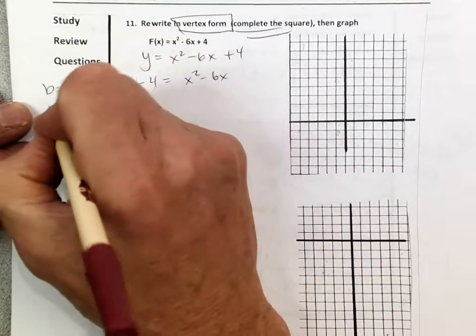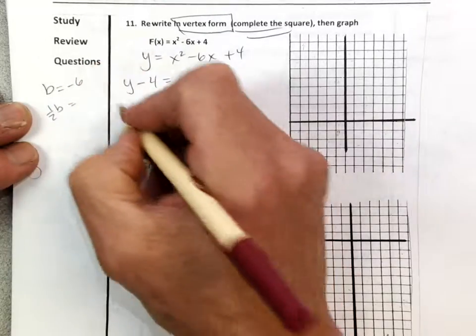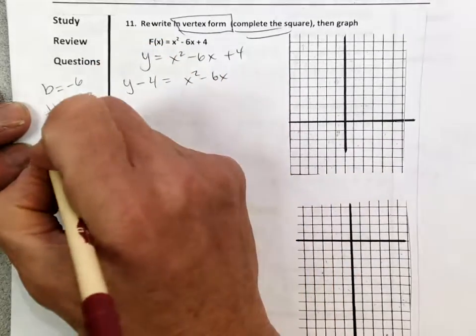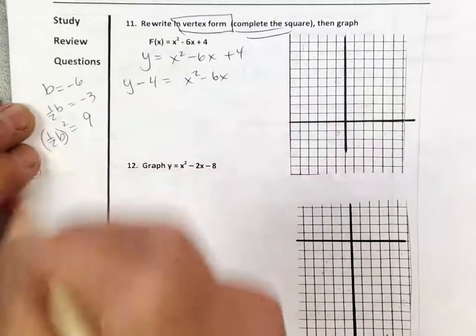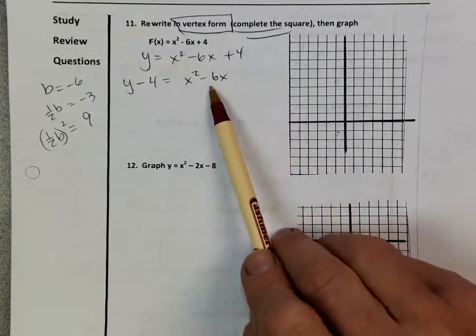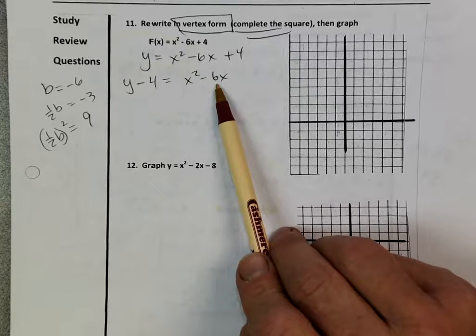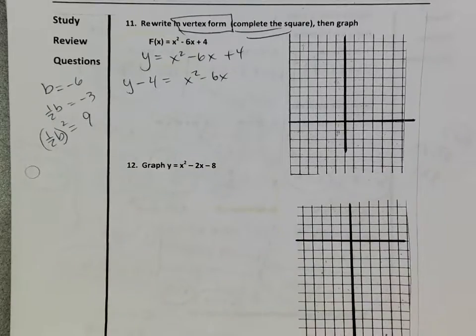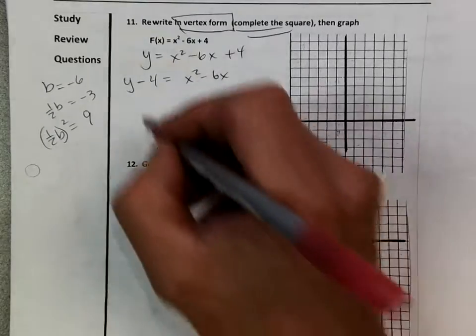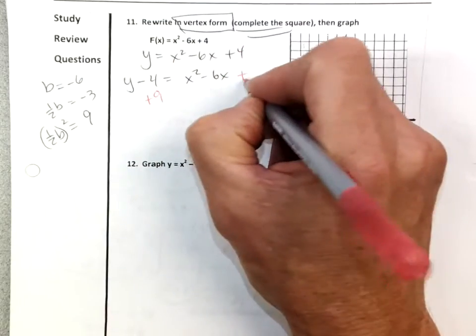Negative 6, half of negative 6 is negative 3, and half of that squared is a positive 9, okay? So I took half of negative 6, which is negative 3, and I squared it and I got positive 9. Now I'm going to add that to both sides. So I'm going to go plus 9 plus 9, okay?